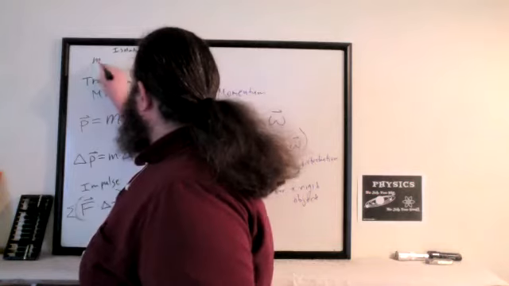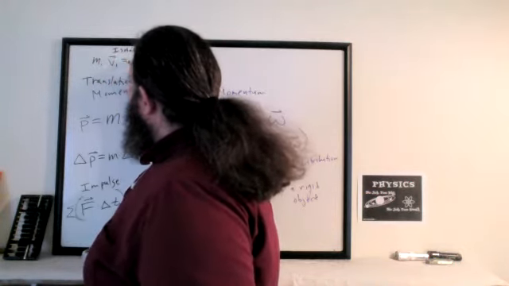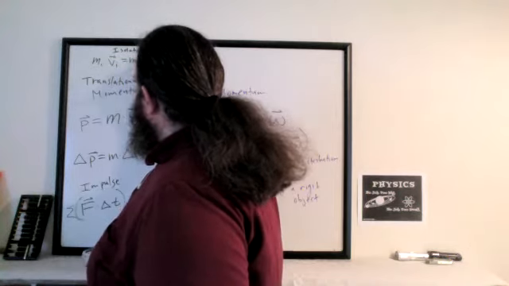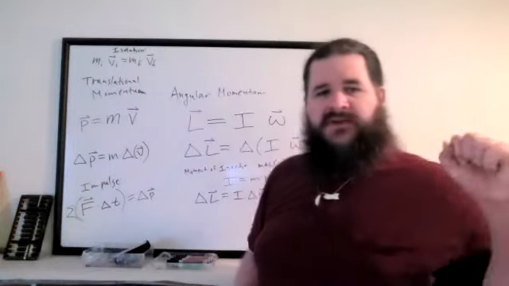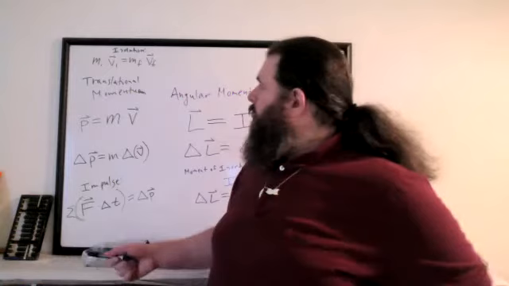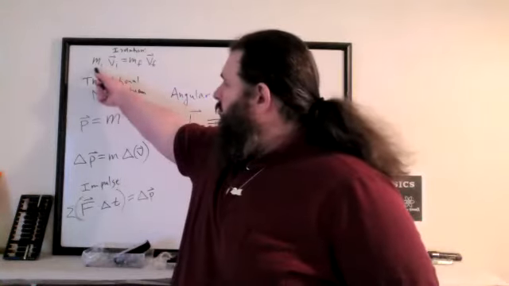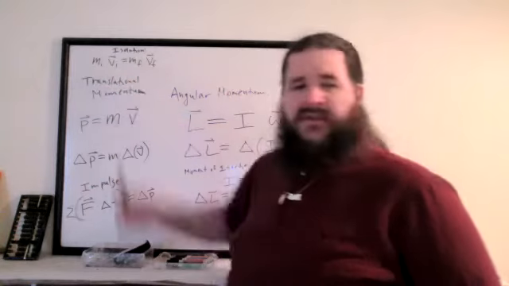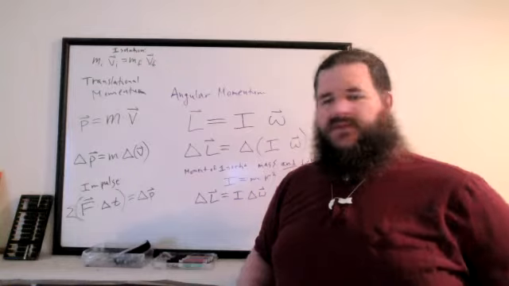So m initial times v initial equals m final times v final. Maybe you just got this object drifting through space with no forces acting on it. But if it's just drifting through space with no forces acting on it, what do you know about the mass of the object at some time and the mass of the object at some later time? It's the same.